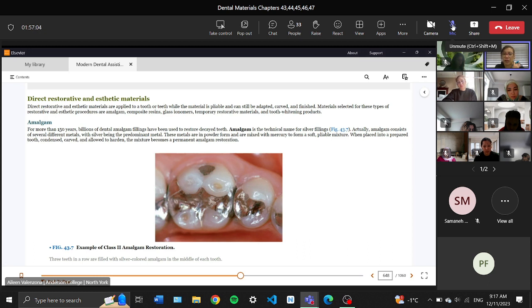So now you have the idea of the buccal pit and lingual pit, class 1, the MOD or DO for class 2, and now that is class 6. Remember, for class 6 on molars, we have 4 cusps: mesio-buccal cusp, disto-buccal cusp, mesiolingual cusp, and the distolingual cusp.